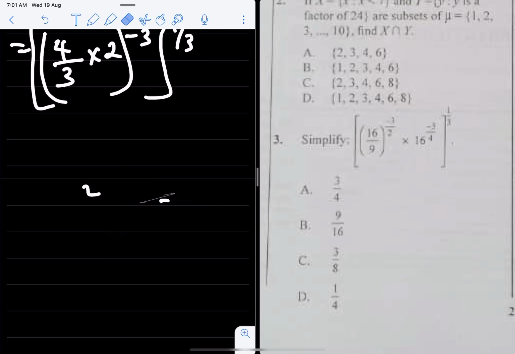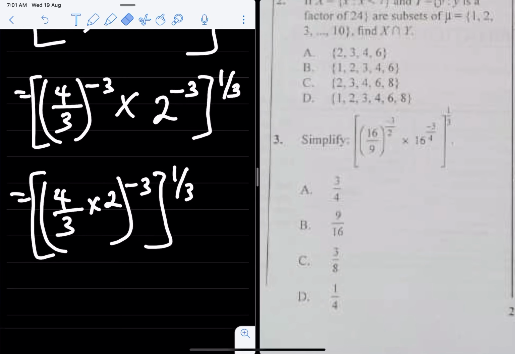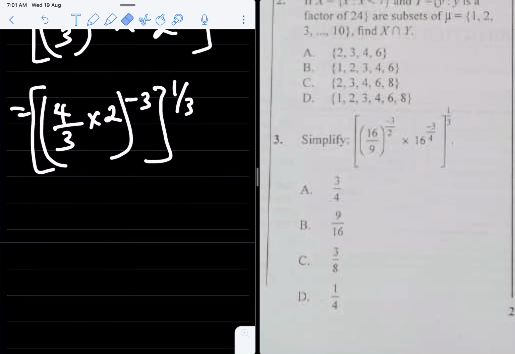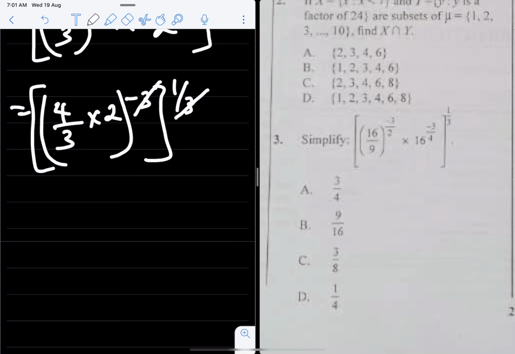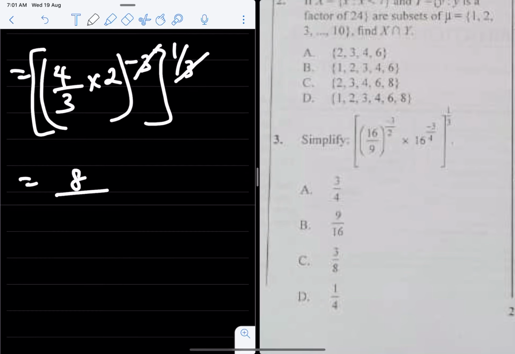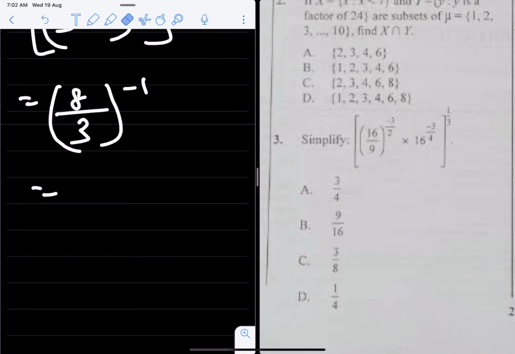So 4 over 3 raised to power minus 3 times 2 raised to power minus 3 will be the same as 4 over 3 times 2 all raised to power minus 3. And this means we have 8 over 3 raised to power minus 1, which is the same as 1 divided by 8 over 3, which simply means 3 over 8. And the correct option is C.